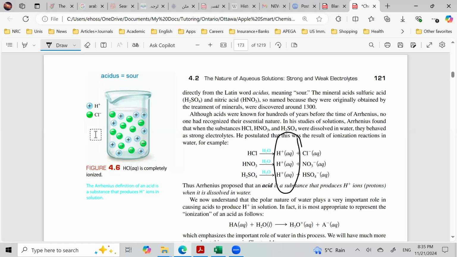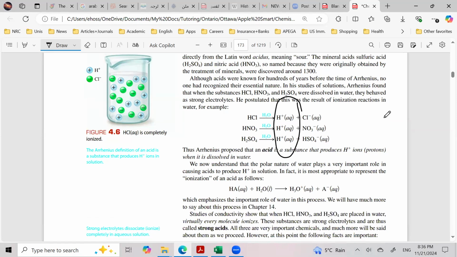Sulfuric acid turns into H plus. So just remove one hydrogen from sulfuric acid. I just have to explain here that for sulfuric acid, it becomes basically 2H plus and SO4 2 minus, and that's through two stages.